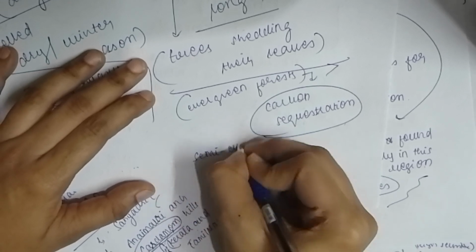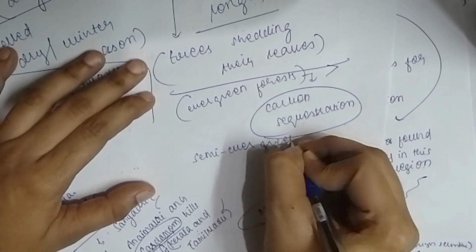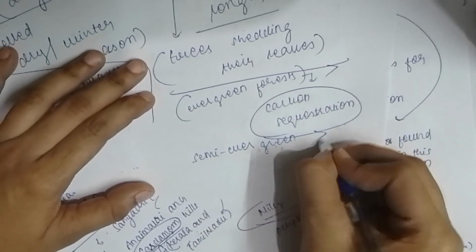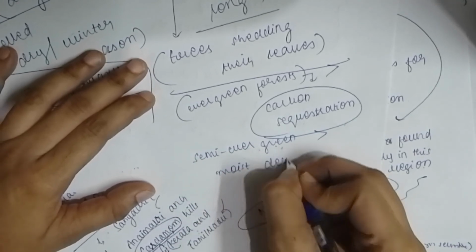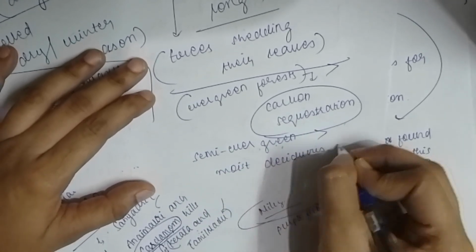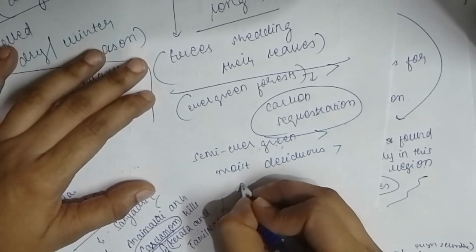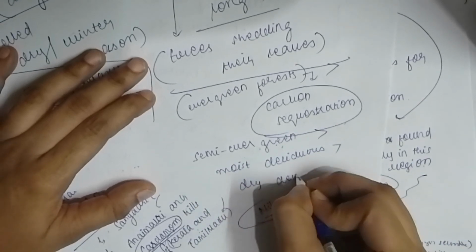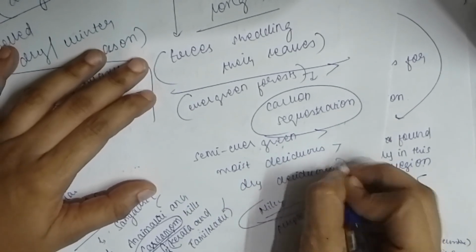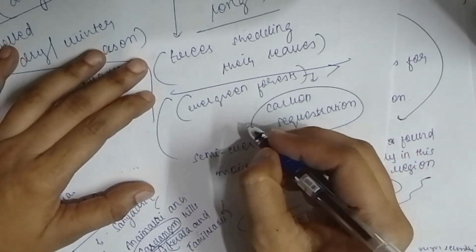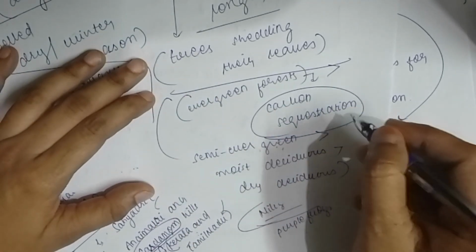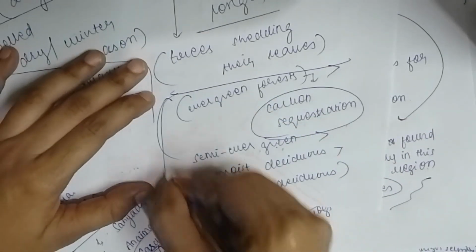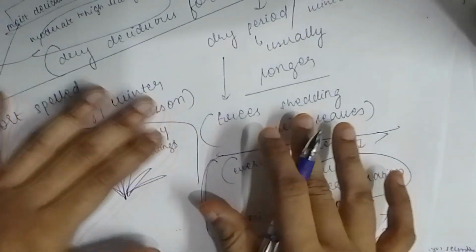I think you can understand this, but I'm just mentioning it for awareness. It is greater compared to the semi-evergreen, greater compared to the moist deciduous, and greater compared to the dry deciduous. Okay. Forests usually play a major role in carbon sequestration and climate change mitigation. So this is the order of carbon sequestration of these forests.